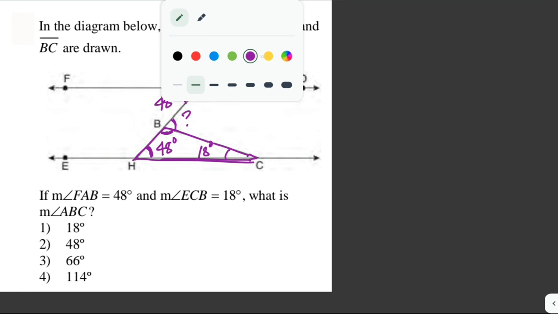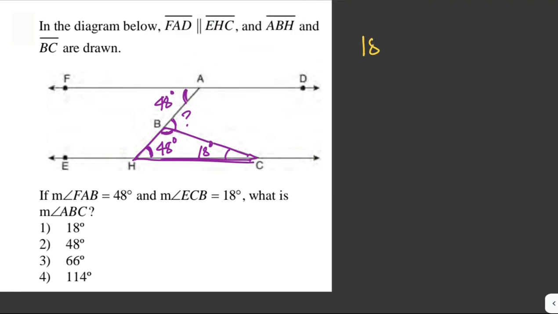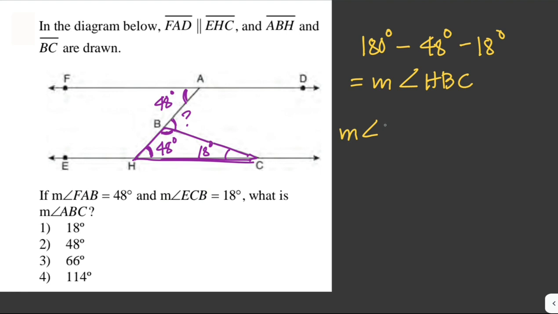So that would be 180 degrees, because that is the total measure of the angles in a triangle, minus 48 degrees minus 18 degrees. This is the measure of angle HBC. The measure of angle HBC is just equal to 114 degrees.